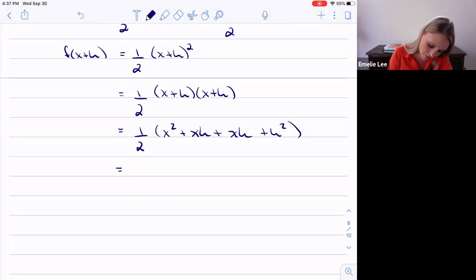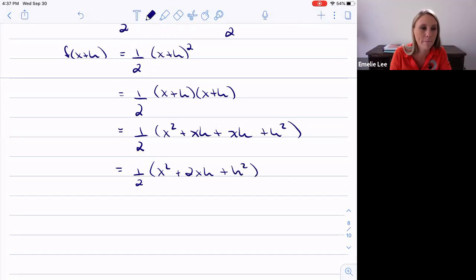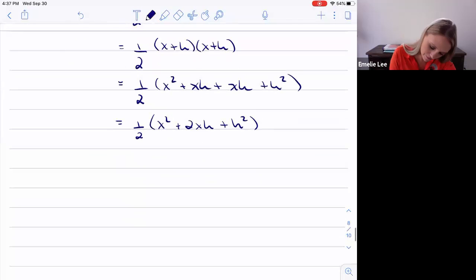So this becomes 1/2 times x squared plus 2xh plus h squared. Okay. I don't think I can simplify this anymore, really. So what I'm gonna do, I could bring in that 1/2, I guess. Sure, let's do it.